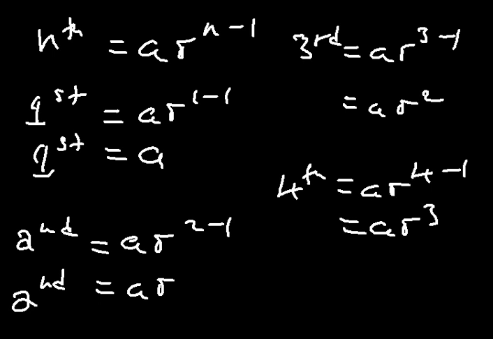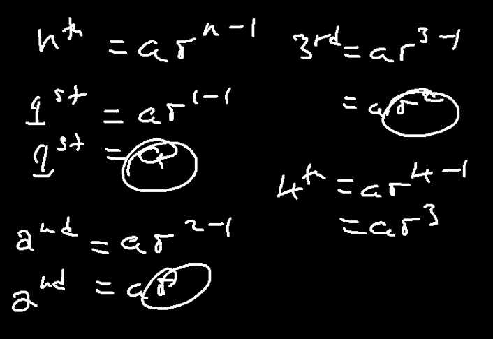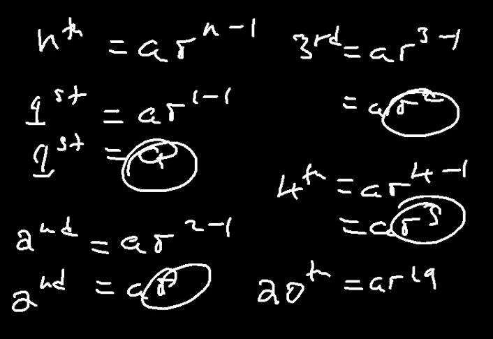So now you can see that there is a trend. At each point there is an increase in the power of R. For the first term we have A, the second term we have AR to the power 1, the third term AR to the power 2, the fourth term AR to the power 3. So even for the 20th term, we'll have AR to the power 19.